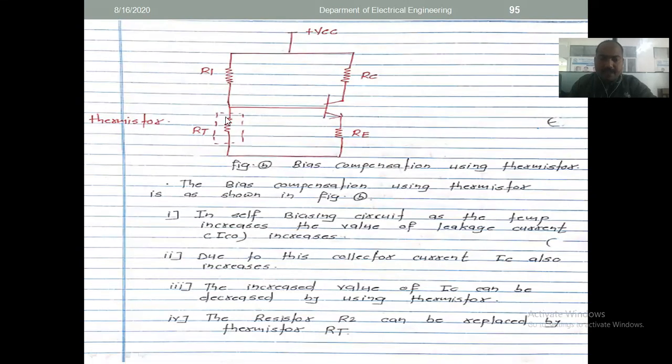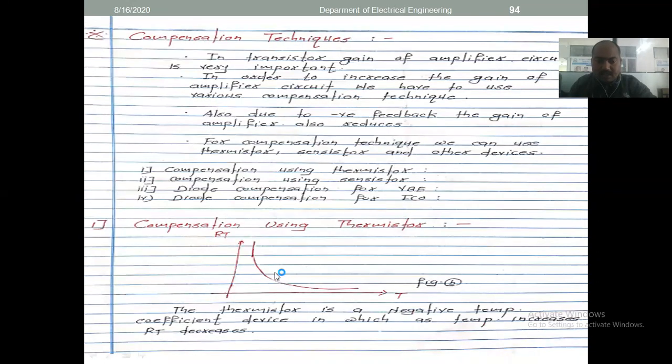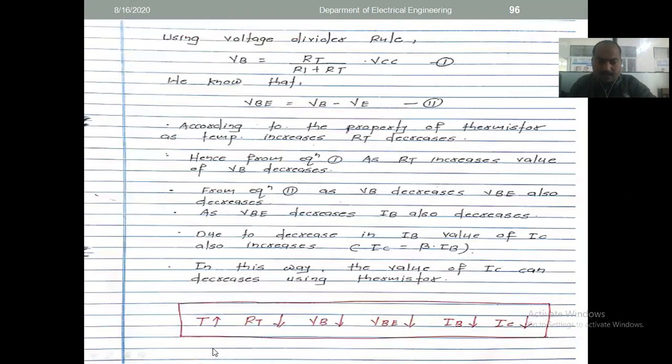As the temperature of this total circuit increases, we know that we have used these thermistor devices, which means that as the temperature increases, the resistance decreases. We increase the temperature of that particular area so that the resistance decreases.